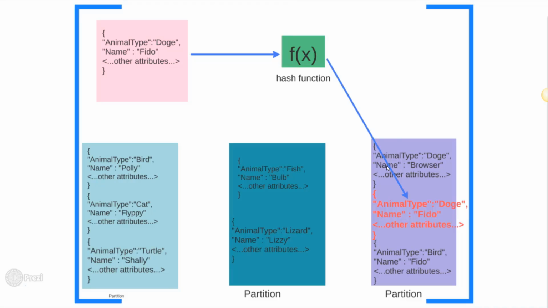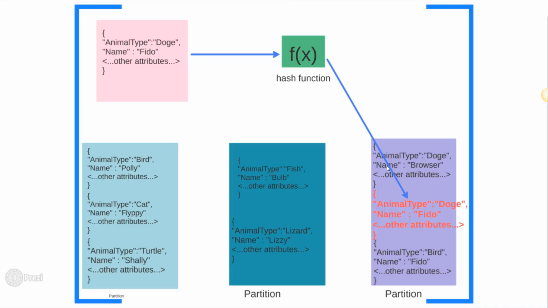So if you are creating a table which has a partition key and a sort key, DynamoDB will store all the items which have the same partition key physically close together, ordered by sort key value. To write an item to a table, DynamoDB calculates the hash value of the partition key to determine which partition should contain the item.